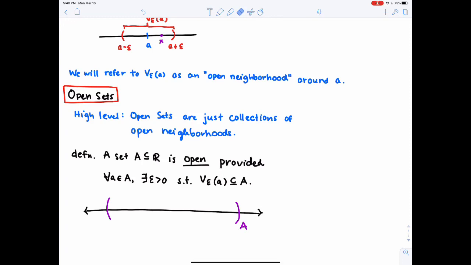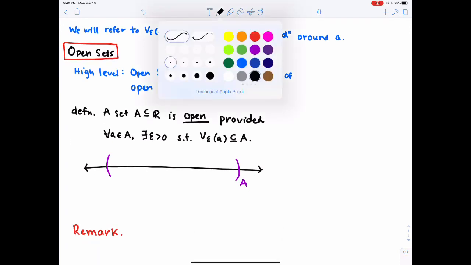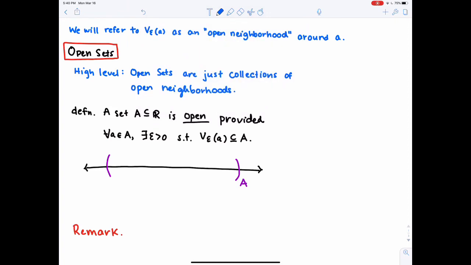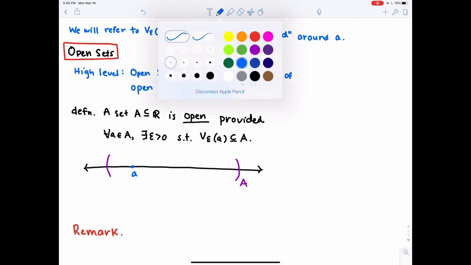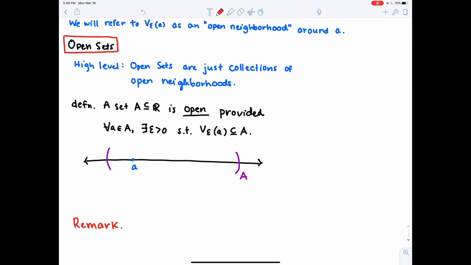We're used to open intervals, so that's my set A. And if I select any point inside my set, say this one, I should be able to find a value of epsilon small enough such that the entire neighborhood of radius epsilon around a will stay inside my set. So let's say I make it like that.